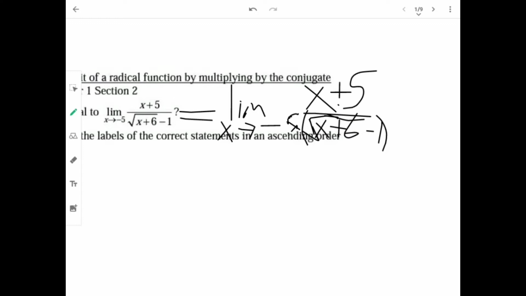So to get rid of this root radical, so you can start simplifying, you have to multiply by its conjugate, like the one we saw in the last question, and multiply by root x plus 6 plus 1.